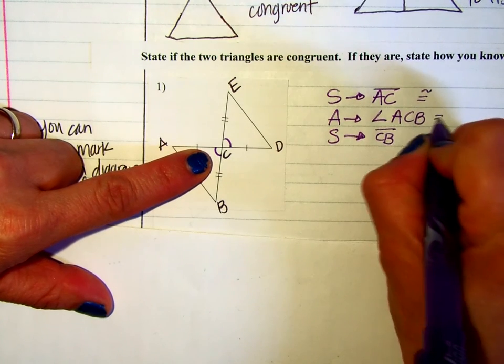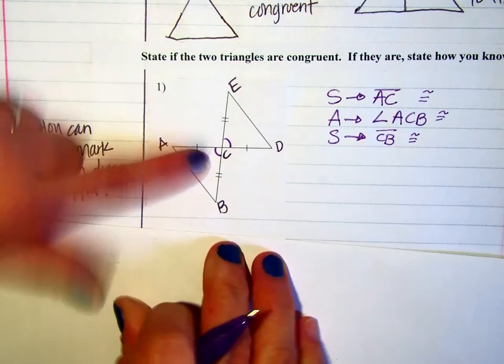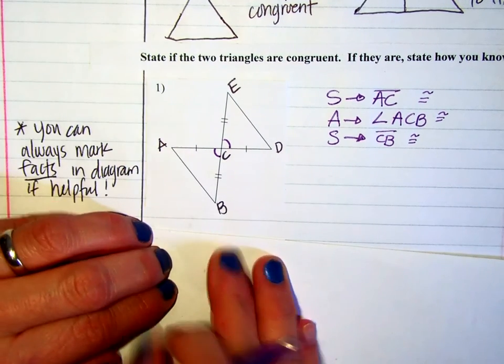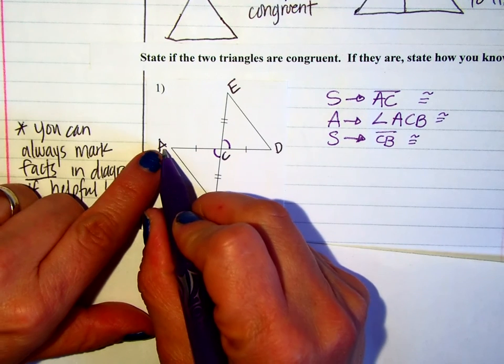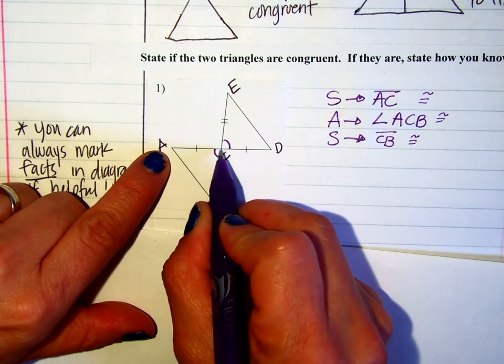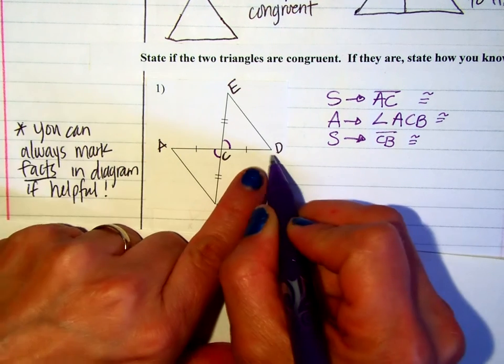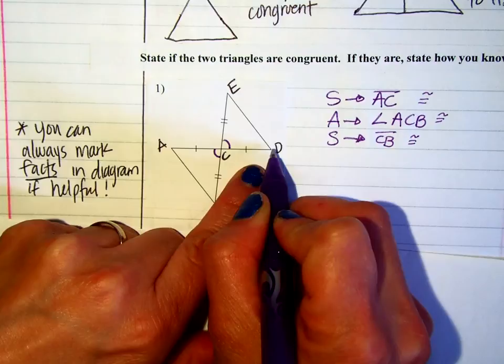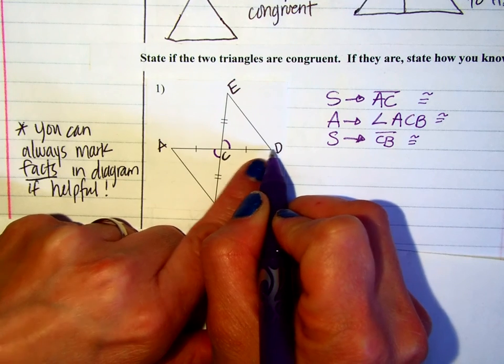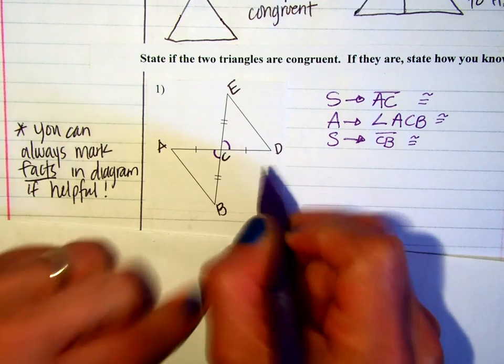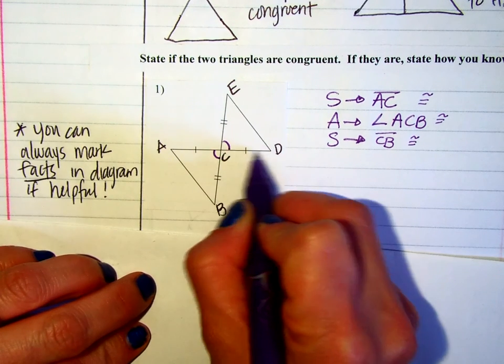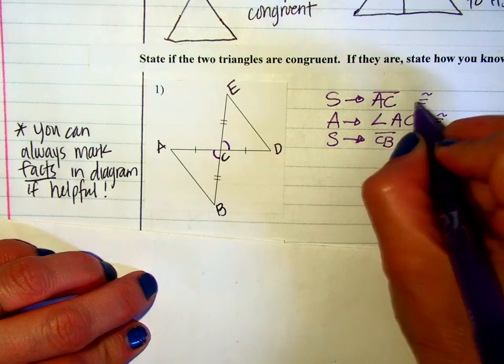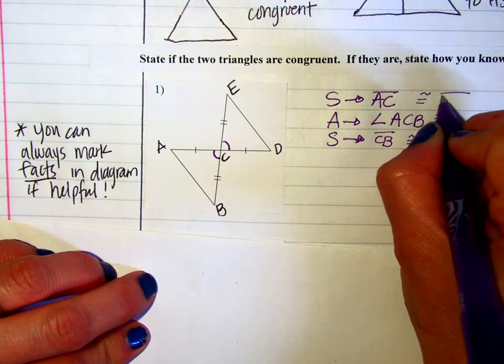Now we're going to follow the same pattern with our second triangle. I started with the corner A and moved to the marked angle. So for the second triangle, I need to go to the outer corner and then work to that marked angle. So this is side DC. So side AC is congruent to side DC.